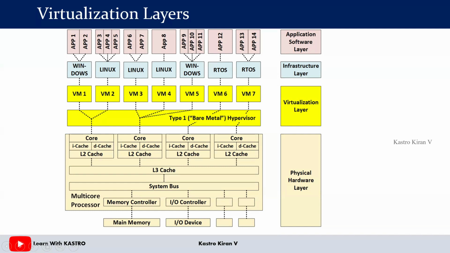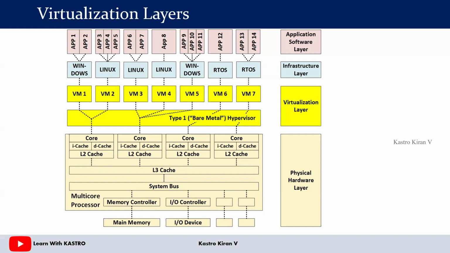So usually in virtualization, we have 4 layers. The first layer is known as the physical hardware layer, where the hardware components are available. The second layer is known as virtualization, where the hypervisors and the virtual machines, which are also called EC2 instances, are available.